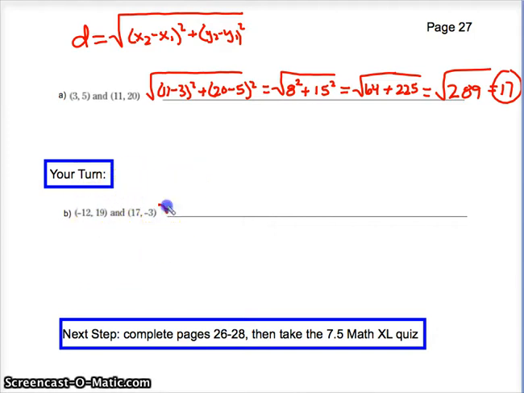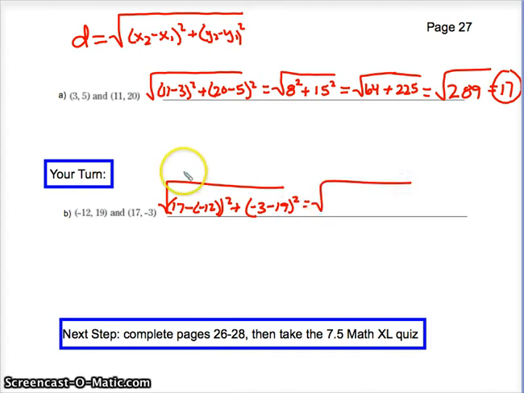You should have had the square root of 17 minus negative 12 squared plus negative 3 minus 19 squared. That's the square root of 29 squared plus negative 22 squared.